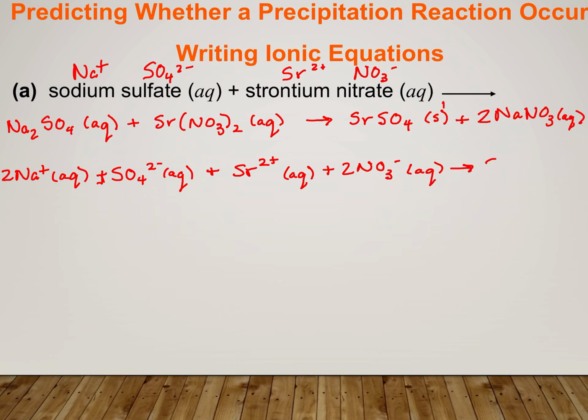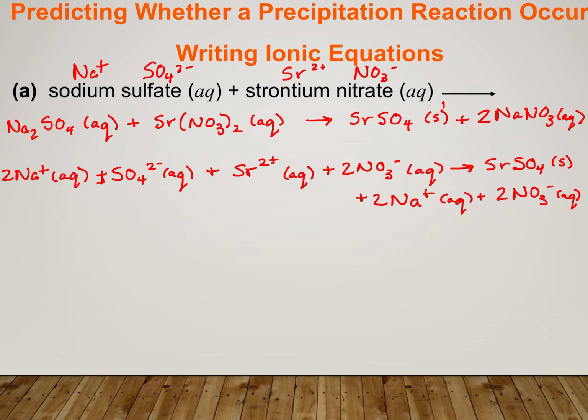And then we get our strontium sulfate solid. Do not break apart strontium sulfate because it forms a solid. Then I'll continue below, and we'll get 2 Na+ and 2 nitrates. So that would be our complete ionic equation.